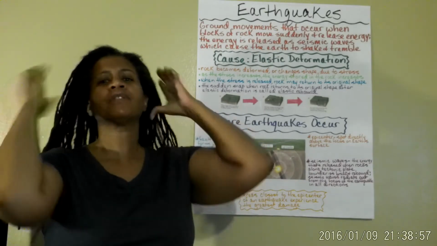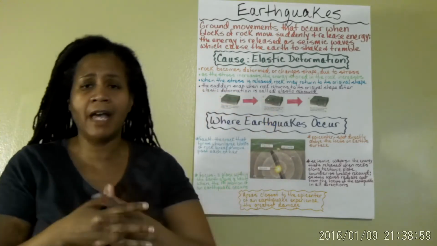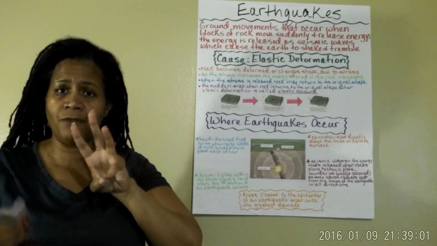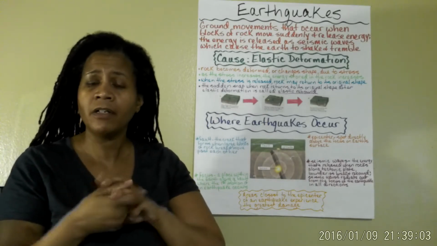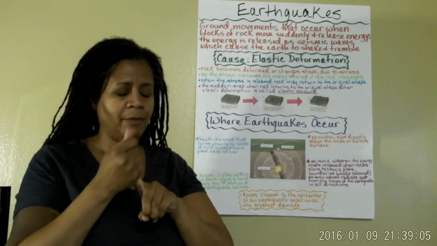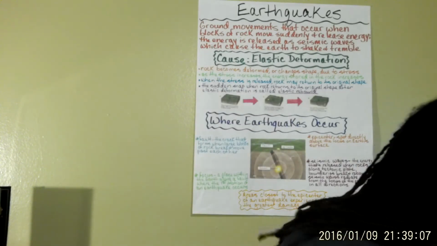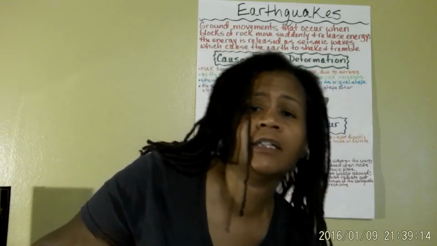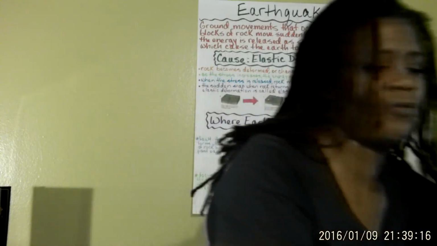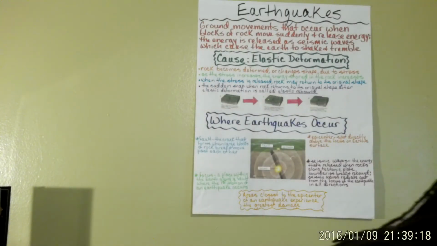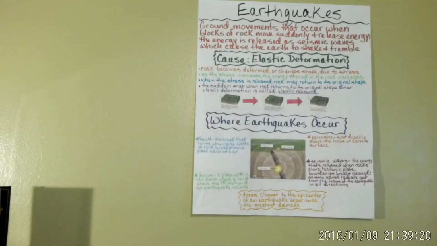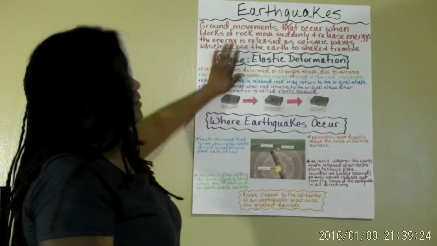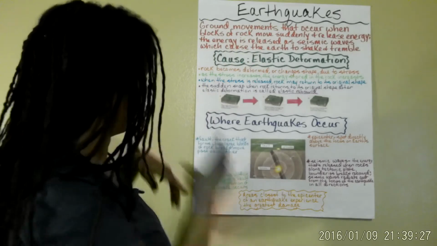So all those things that happen at the three different faults that we talked about, the strike slip fault and the normal fault and the reverse fault, that all has to do with energy, okay, and the release of that energy. So keep that in mind as I talk about earthquakes now, okay?